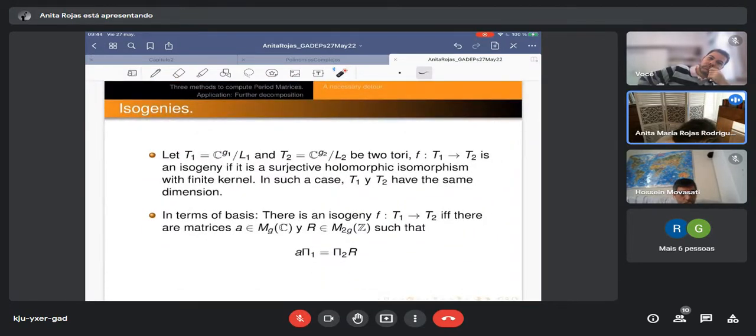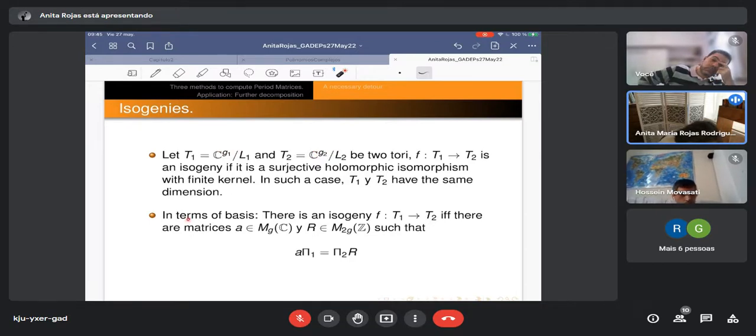As we talked about isomorphism in the one-dimensional case, here we are going to repeat the same. The first morphisms between them we are going to be interested in are the isogenies. Two tori are called isogenous when you have a morphism between them which is surjective, holomorphic, with finite kernel. In that case, T1 and T2 have the same dimension, so g1 is equal to g2.